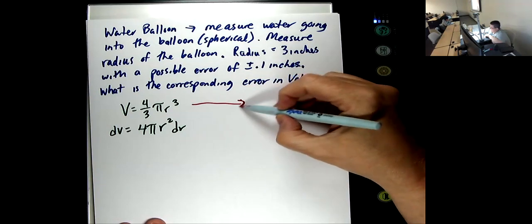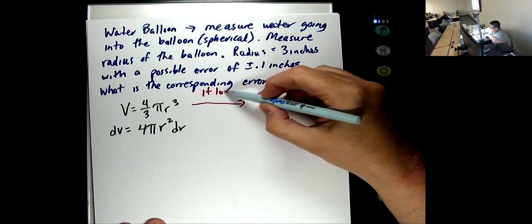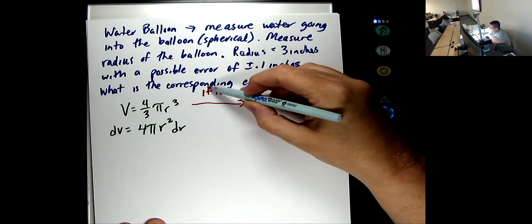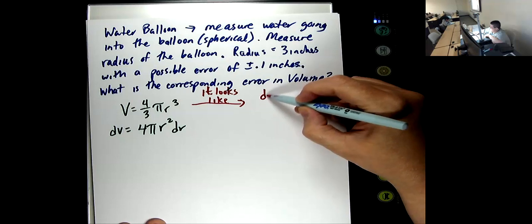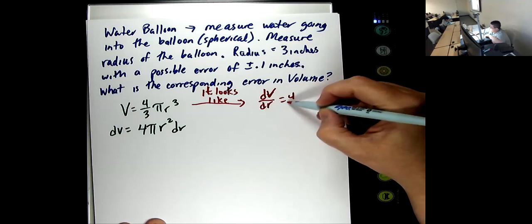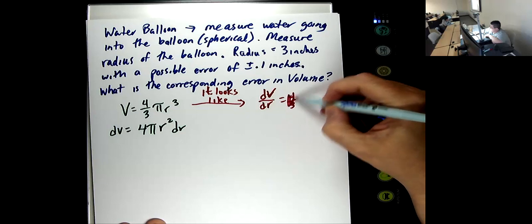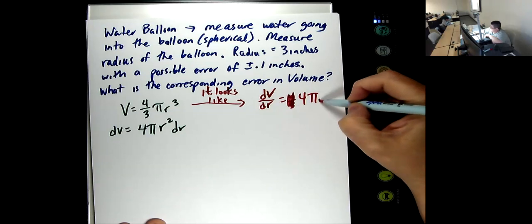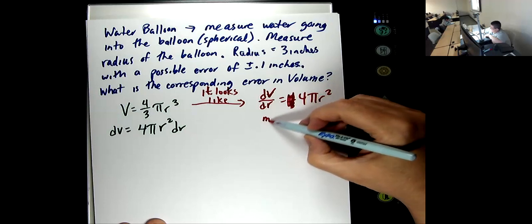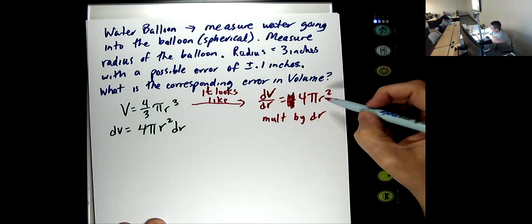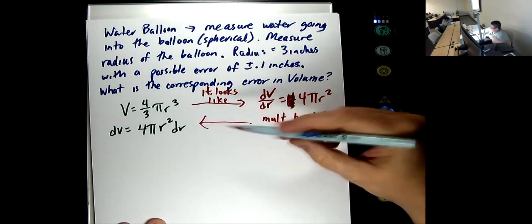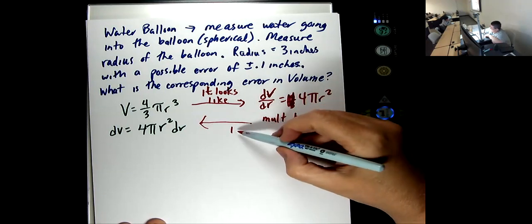It looks like if we did the derivative with respect to r and then multiplied by dr, it looks like it, but it isn't.